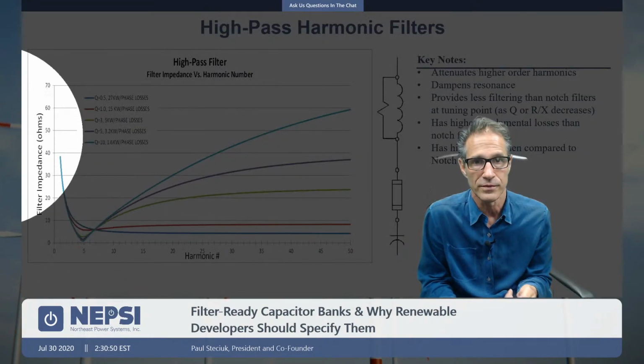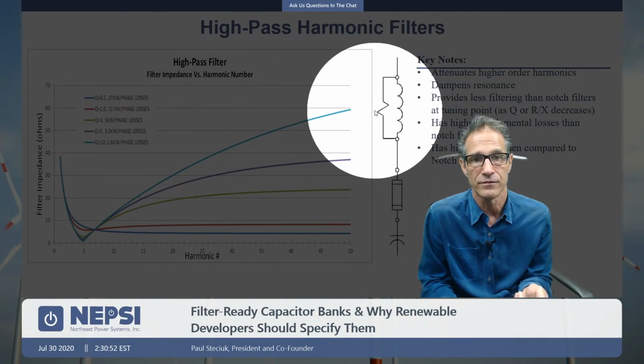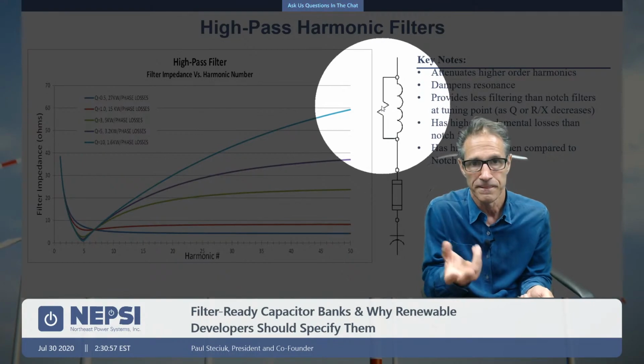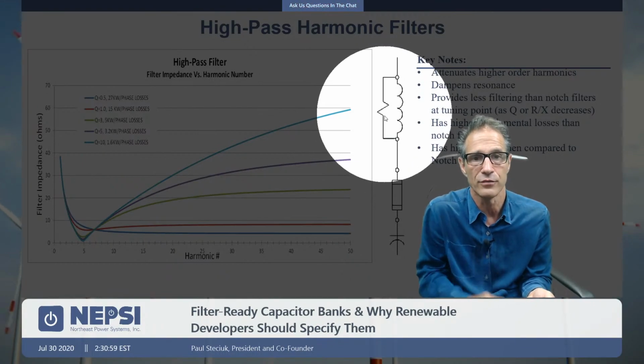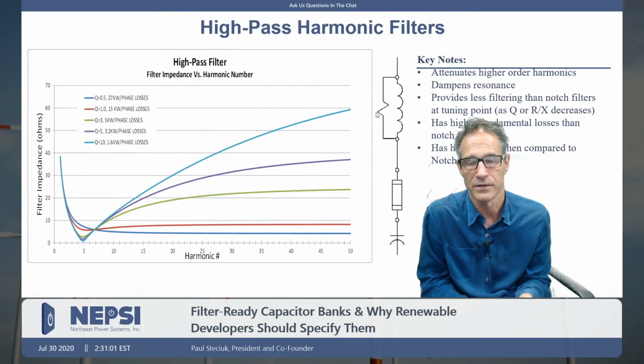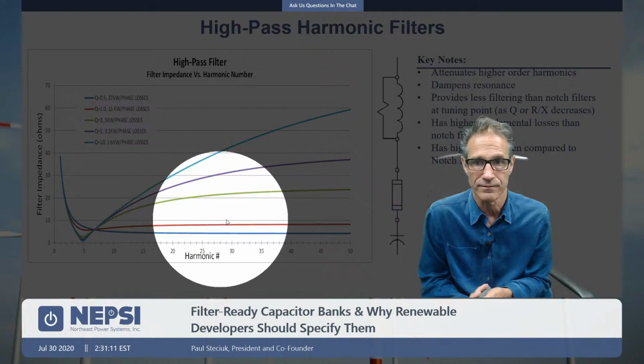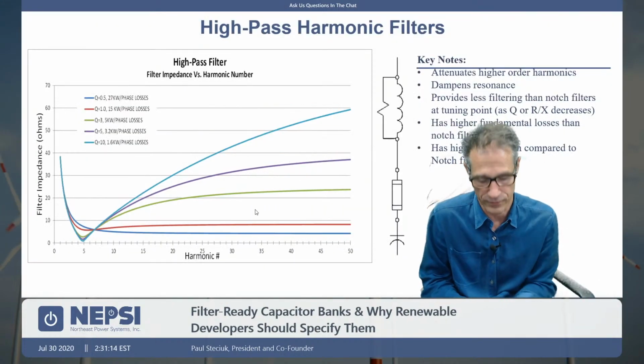That would resemble basically an impedance of that resistor that is very high. We take that resistor, we bring it to infinity or to a very high value. What do we have? We have a notch filter. So adding a resistor to a notch filter creates a high pass filter that gives you control over the characteristics of the harmonic filter.